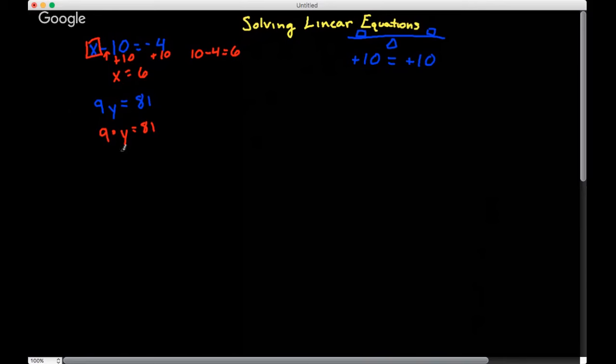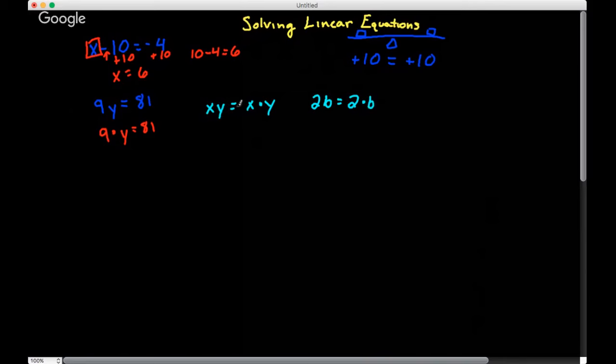Any situation where you have two variables next to each other, that is the same thing as saying x times y. Any situation where you have a number and a variable, same thing as saying 2 times b.